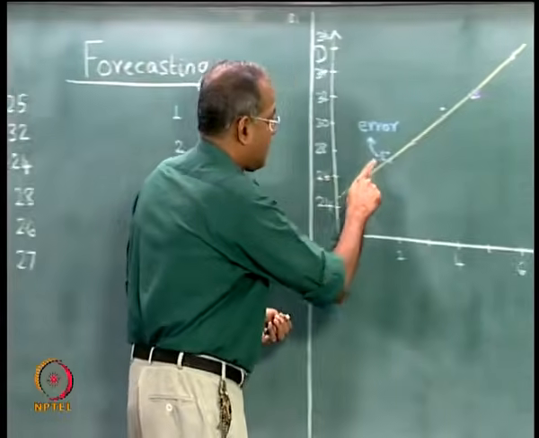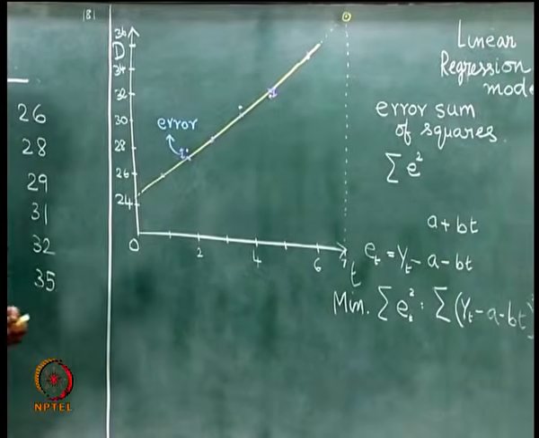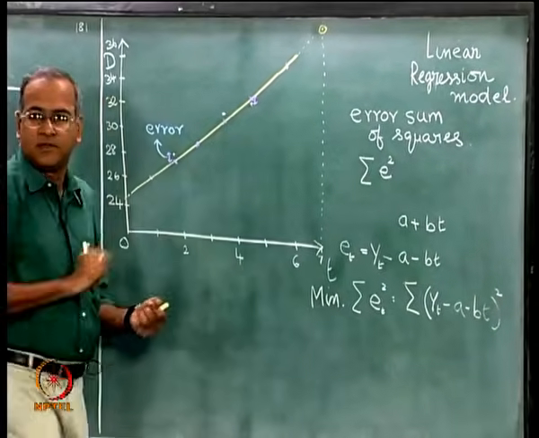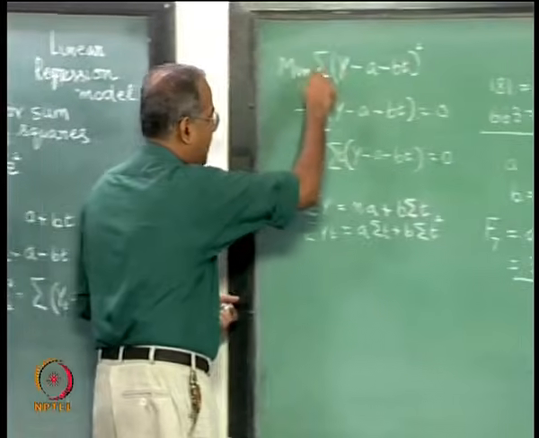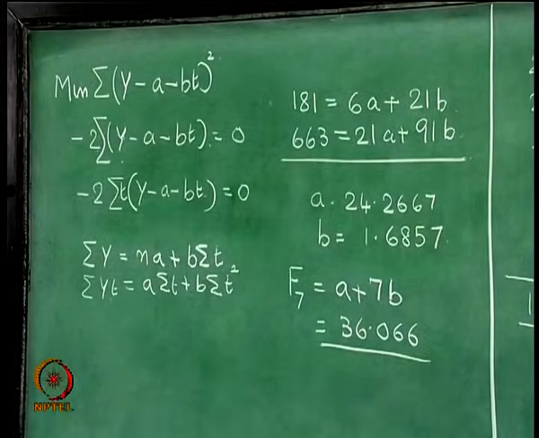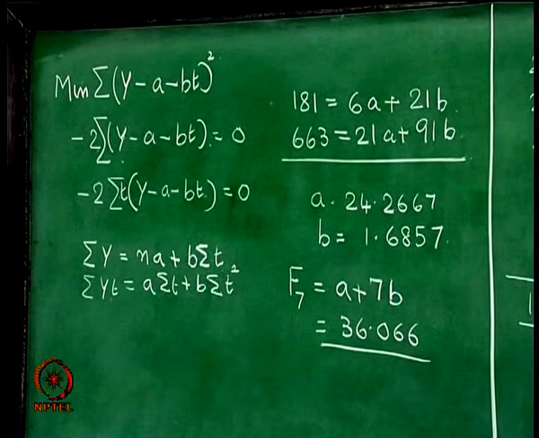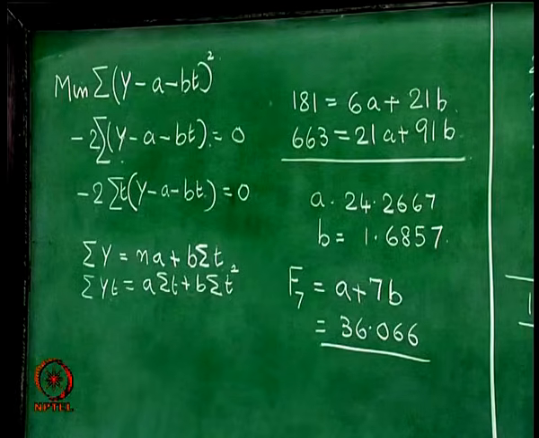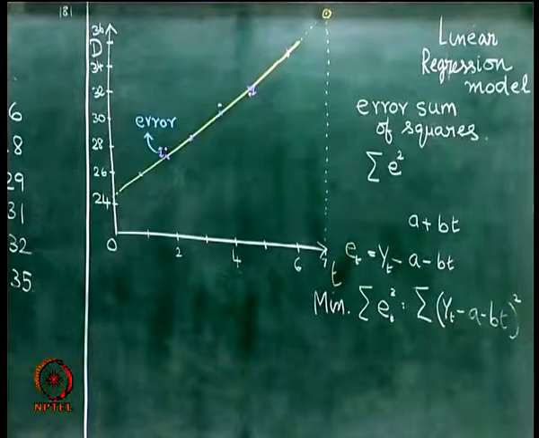Even though we squared the error and tried to minimize, we did not associate a weight with each of these. For example, we did not minimize W t into y minus a minus b t the whole square. We did not do that, which means that we have given equal weightage to all the data points. And third is we have tried to minimize the error sum of squares.